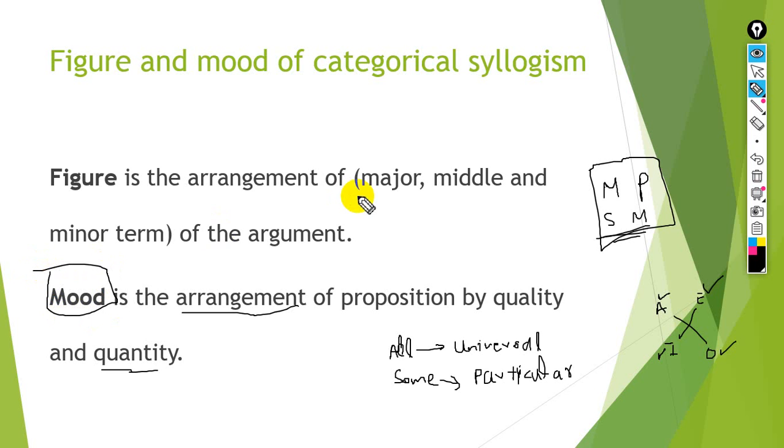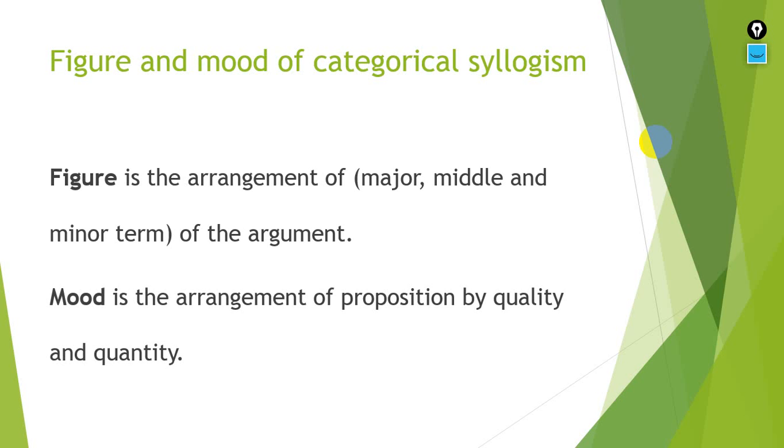But when we are describing the arrangement of major, middle and minor term of an argument, that is called the figure. So now here I have different examples for figure and mode. First we have figure.